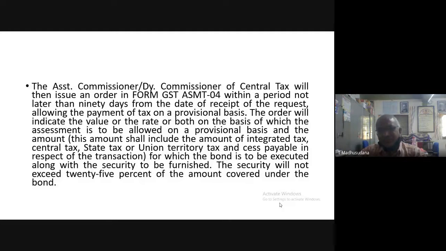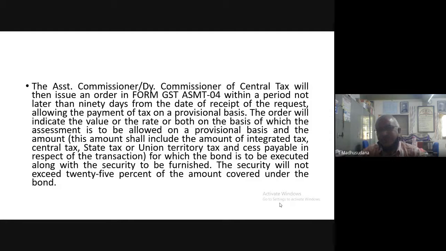The assistant commissioner or deputy commissioner of central tax will then issue an order in Form GST Assessment 04 within a period not later than 90 days from the date of receipt of the request allowing the payment of tax on a provisional basis.